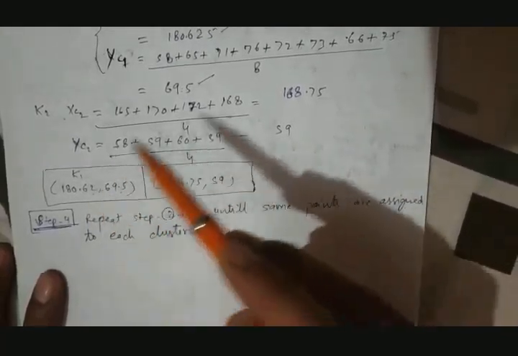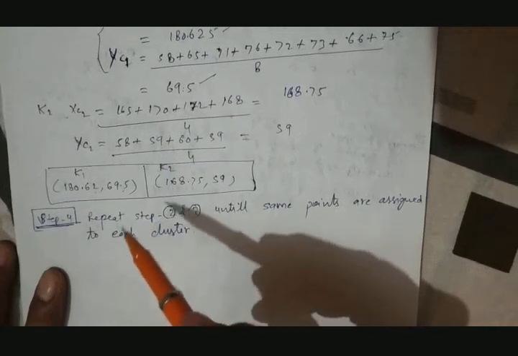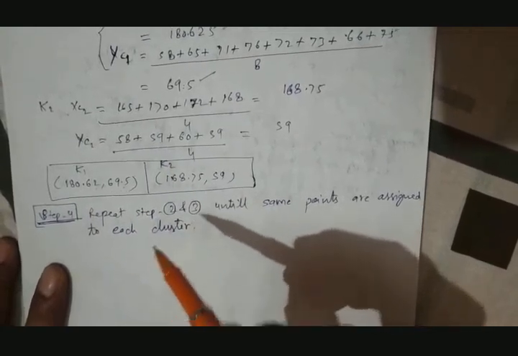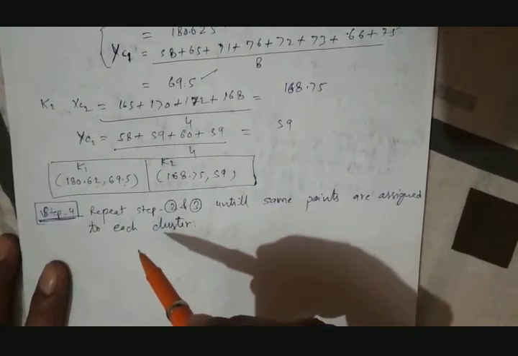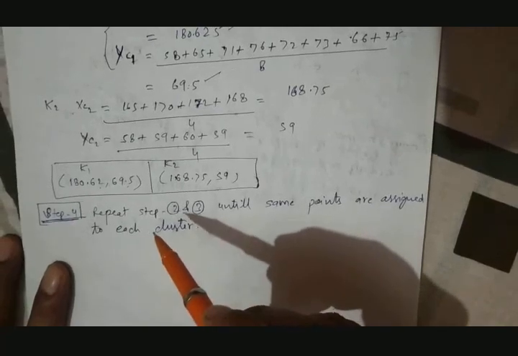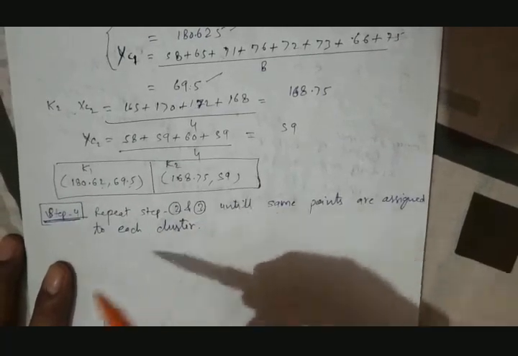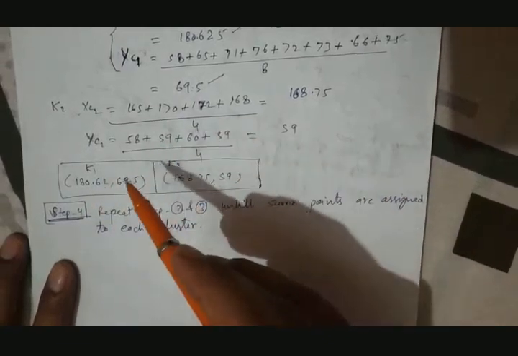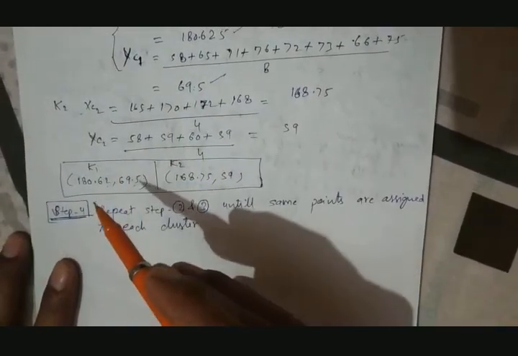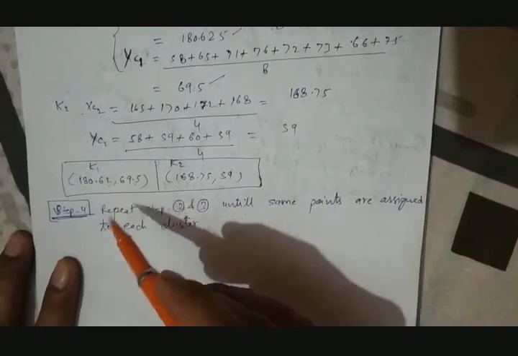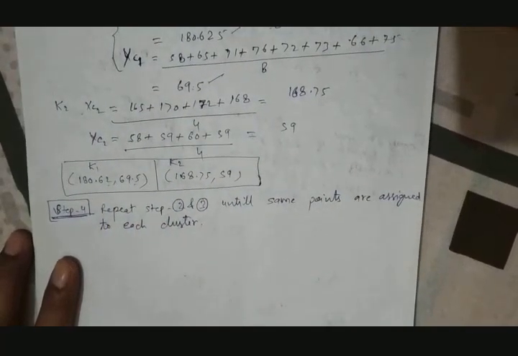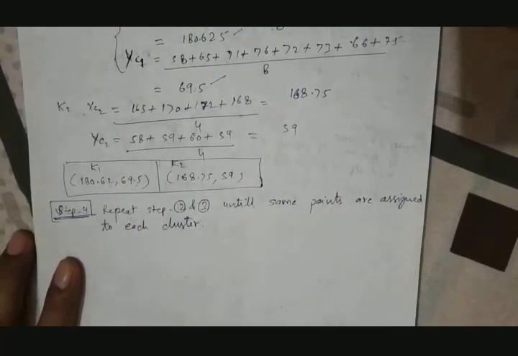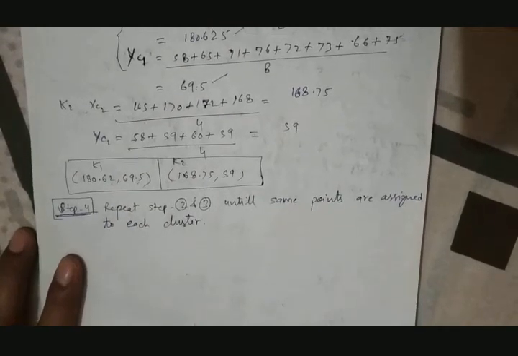This process is repeated until there is no change in the shape of the clusters, and the same points are repeated in both clusters as in the previous iteration. So this is all about the K-means clustering algorithm example.